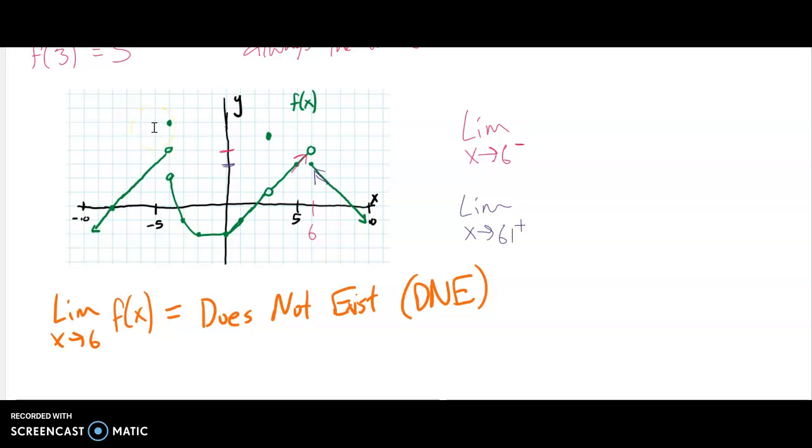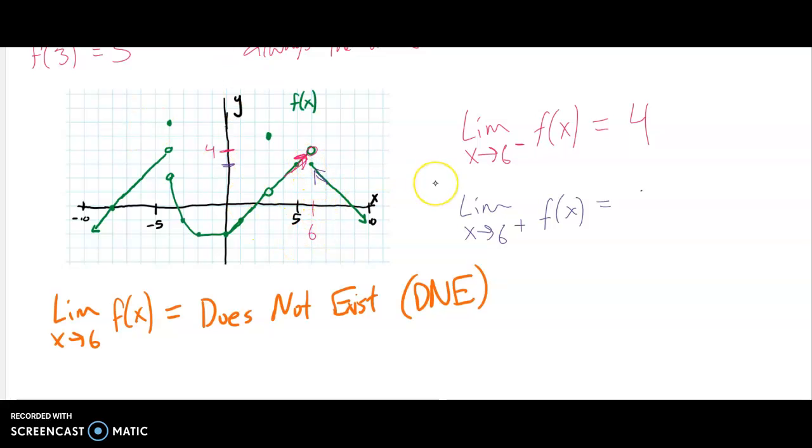So as I come in from the left, what do we go toward? This value, which is 4. So the limit as x goes to 6 from the left of f of x is just what it goes into from the left side, so I write a 4. And the limit as x goes to 6 from the right of f of x is, well, what does it come into from the right side?